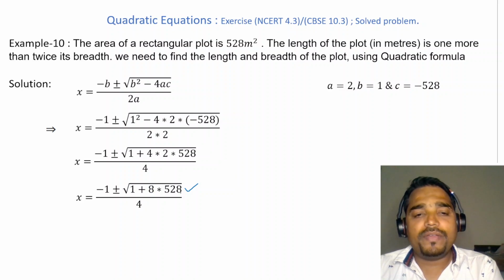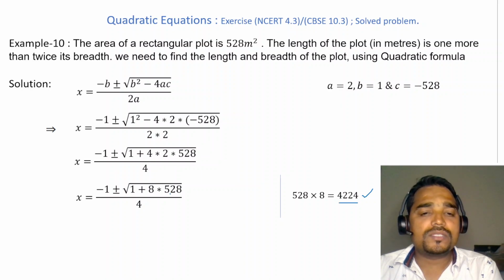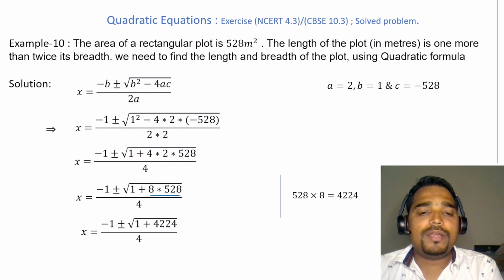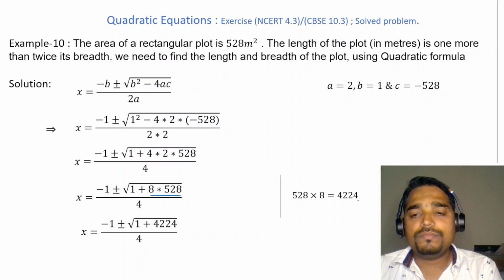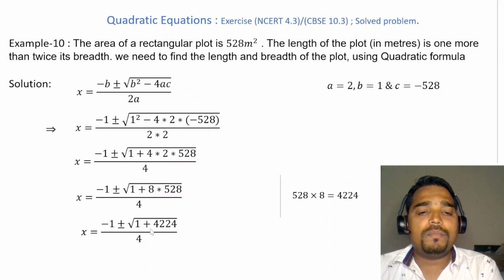Let's multiply 8 by 528, which would be 4224. Let's substitute this 4224 within the square root, that is x is equal to minus 1 plus or minus square root of 1 plus 4224. Upon simplification, 1 plus 4224 would be 4225.